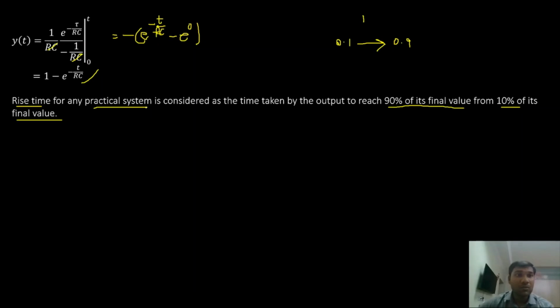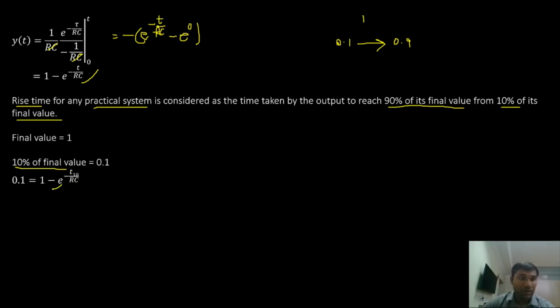So now we will consider our output signal at 10% of its final value, right? The final value is 1, 10% of final value is going to be 0.1. So my y of t is 0.1 equals 1 minus e power minus, in place of t I am writing t10, that denotes the time at 10% of its final value, divided by RC.